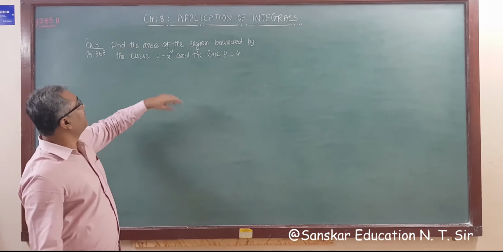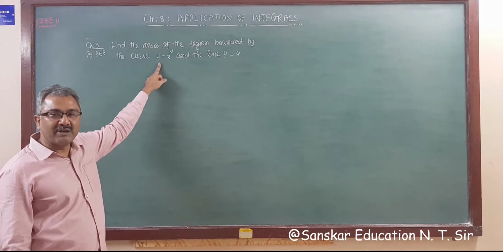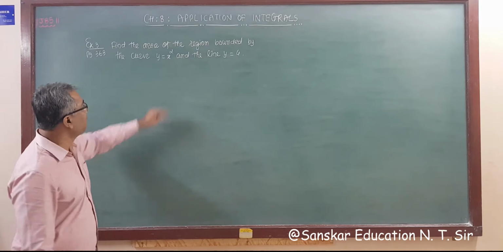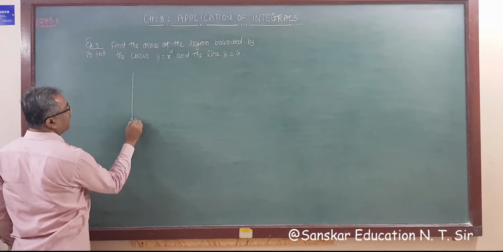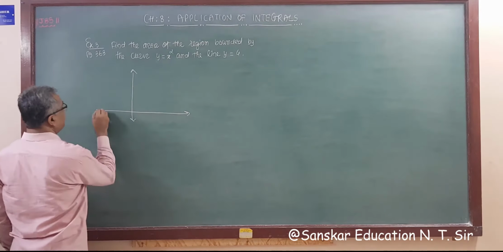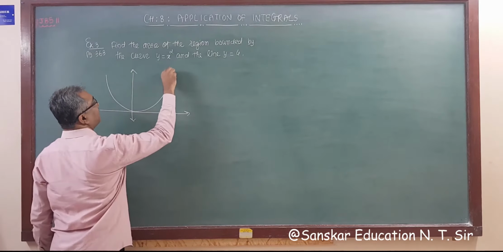So the curve given, y equal to x square, is a parabola, and this parabola is symmetric about the y-axis. First of all, we draw a figure for solving this question. So this is your parabola y is equal to x square.